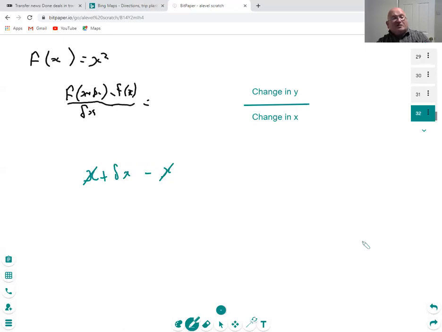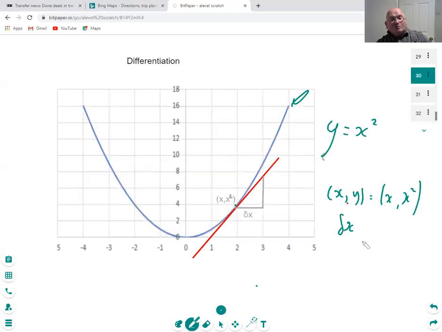Now, what's the change in the y value, or the function value? It's the function of x plus delta x, take away the value of the function at x. We're just reading off what this curve is at x plus delta x, and there, that's x.